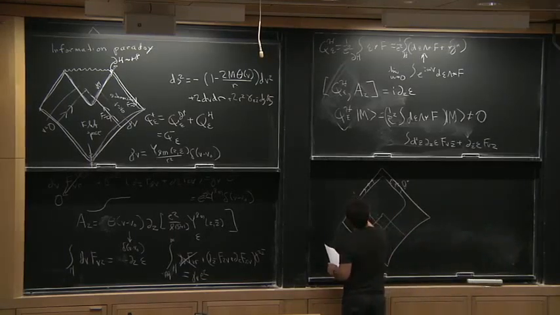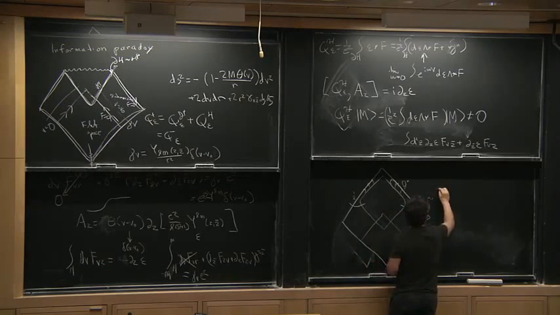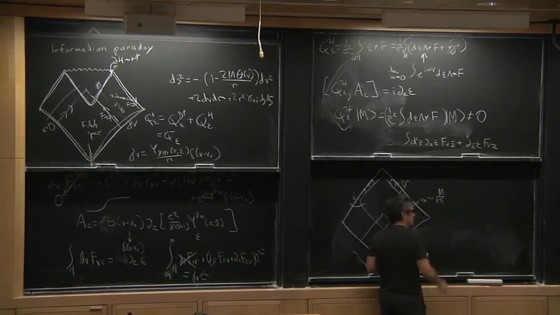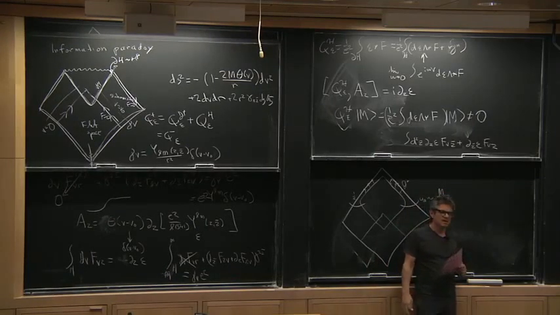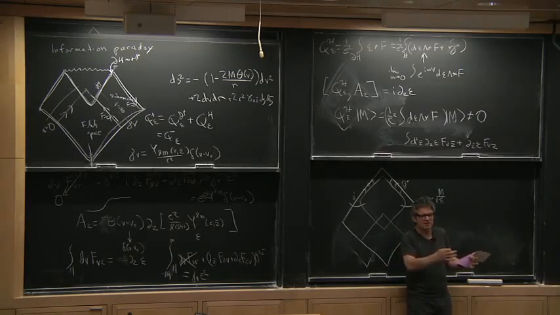And now let's divide this picture in two on some surface, which I'm going to take to be a time of order m over the square root of h bar after the black hole is formed. In other words, as h bar goes to 0, this is a very long time scale, but it's still way before Hawking evaporation is turned on.